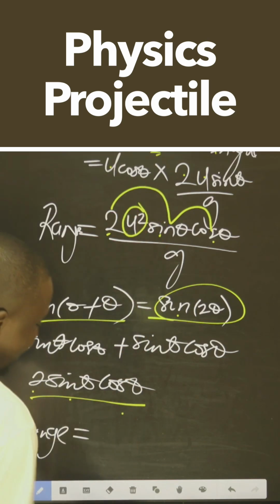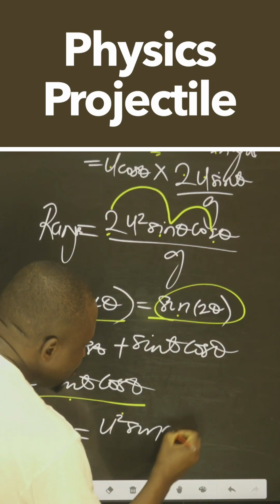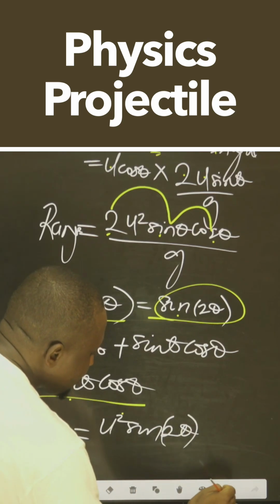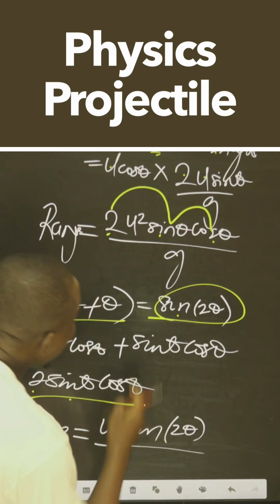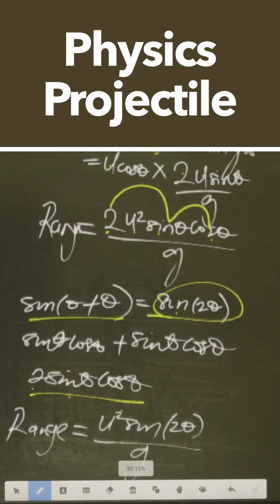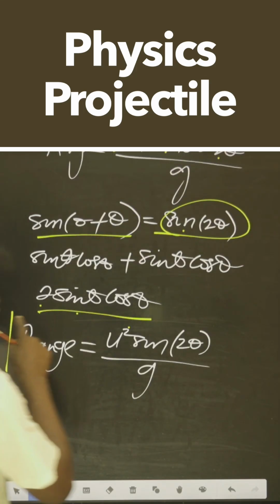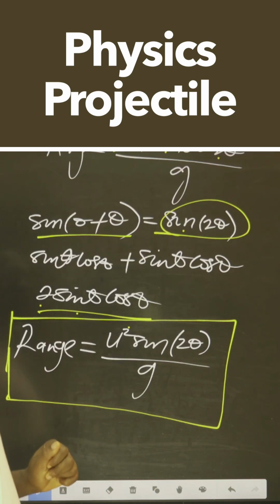This is the only thing that escaped. U square sine 2 theta over g. So therefore, when you want to calculate range, u square sine 2 theta over g. Okay?